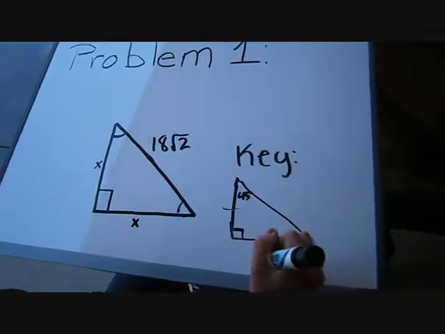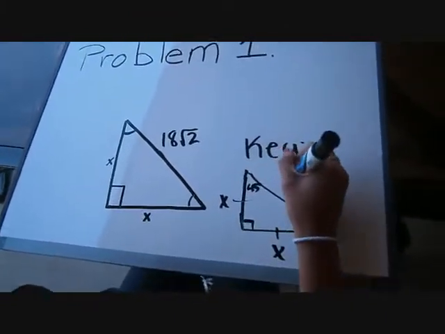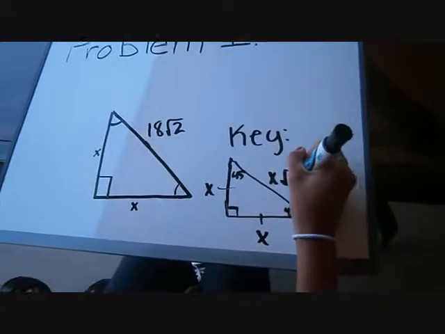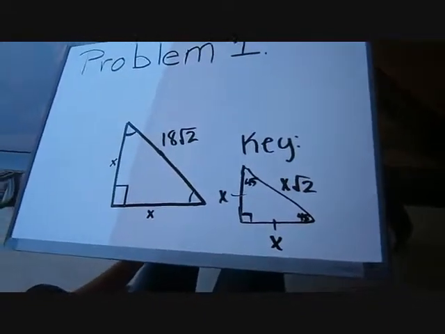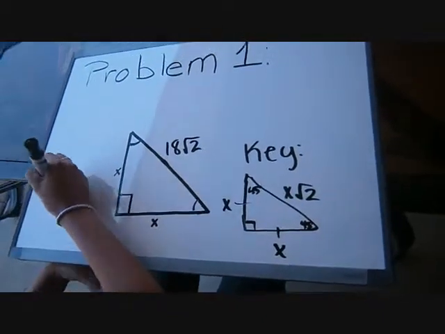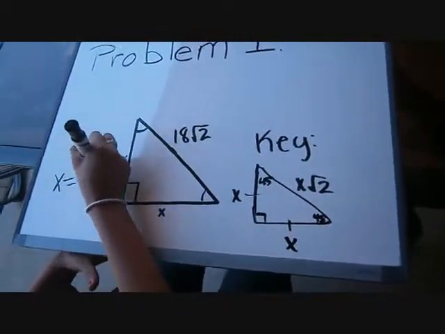So then this would be x, x radical 2. So since all these are the same variable, then x would have to equal 18.